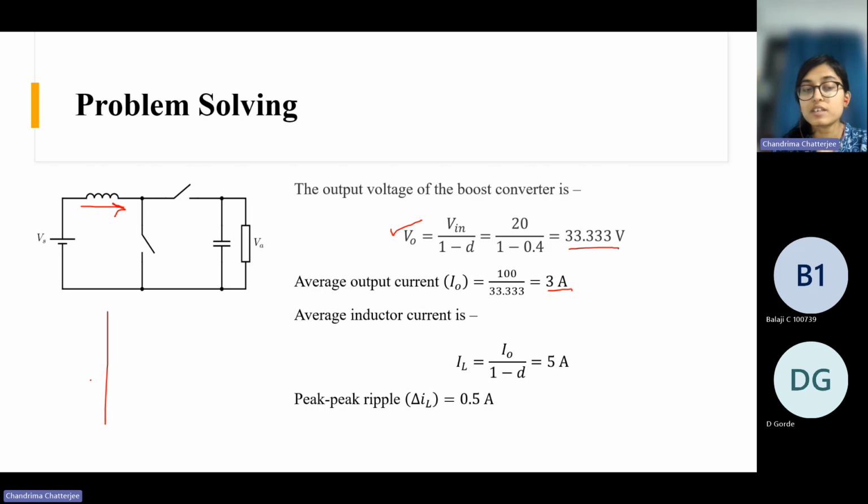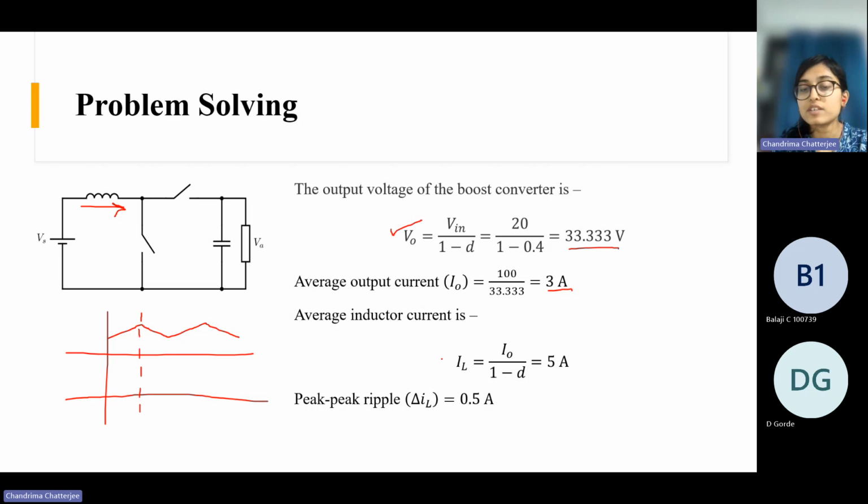For boost converter, if this is your inductor current in continuous conduction mode, then during this portion when the switch is on, the capacitor provides the output current, and during this portion the inductor current is equal to this output current.